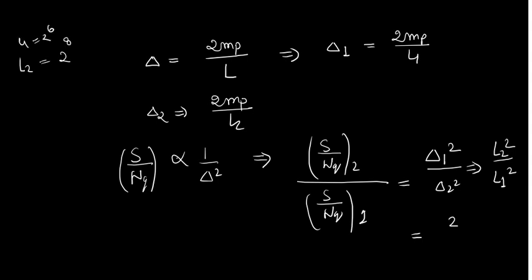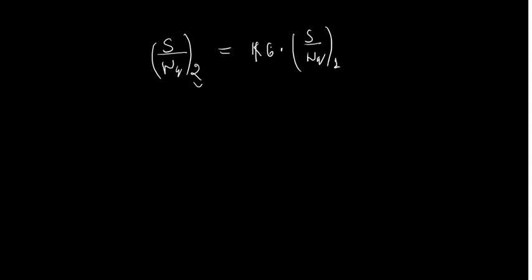So 2 to the power 8 square divided by 2 to the power 6 square is nothing but 2 to the power 16. So the signal to quantization noise ratio for the second scenario is 16 times the signal to noise ratio for the first scheme. So the answer of our question is 16.